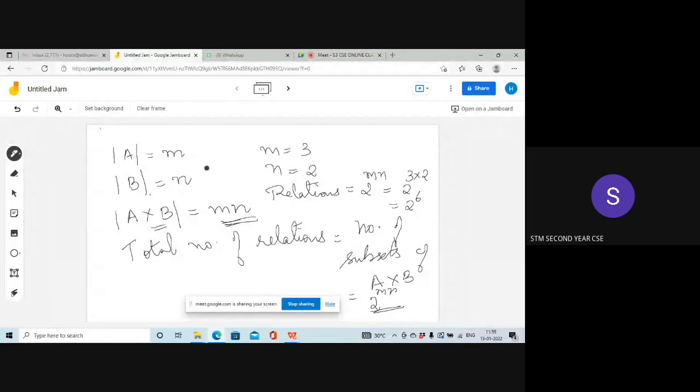If A has m elements and B has n elements, A cross B has mn elements, and the total number of subsets of A cross B will be equal to 2 raised to mn, and that will be equal to the total number of relations. So the total number of relations that can be formed is 2 raised to 6. And now what is 2 raised to 6? It's equal to 64. Okay.